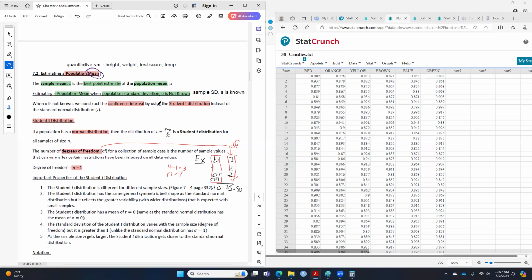So what does a student t distribution look like? Okay, I will draw the picture. As I mentioned, the student t distribution is a normal curve, but with a special feature.